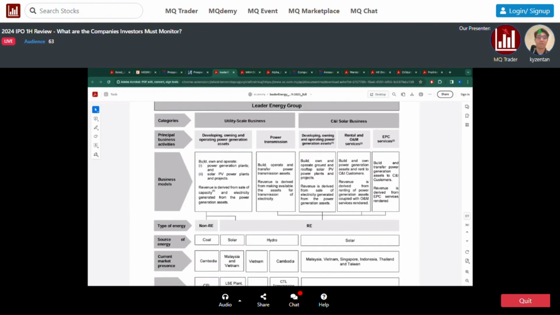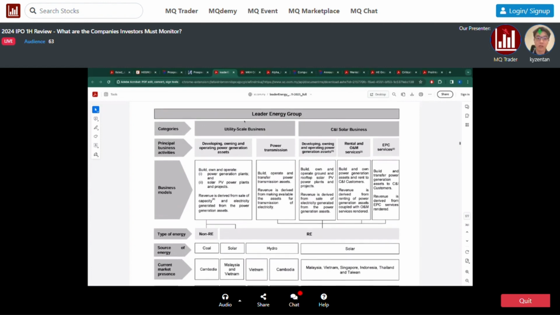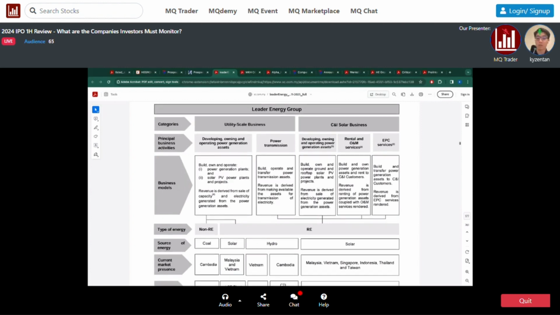Okay, basically, their business model for Leader Energy, they build, own, and also operate power generation plants and solar PV plants, which is quite common, especially if you study the LSS large scale solar programs in Malaysia. It's basically one of the main contributors to why the solar companies are performing so well in Malaysia, right? And also they built some power transmission assets.